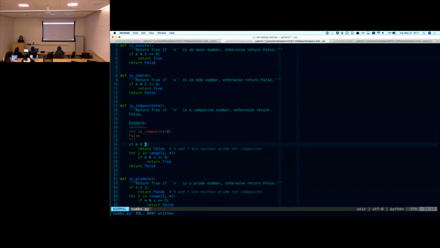And so what doctest will do is it will look inside your doc strings, and it will look for things that look like an interactive Python interpreter. Right? And what it will do is it will execute those commands and make sure that it actually gets exactly what's shown in your documentation.